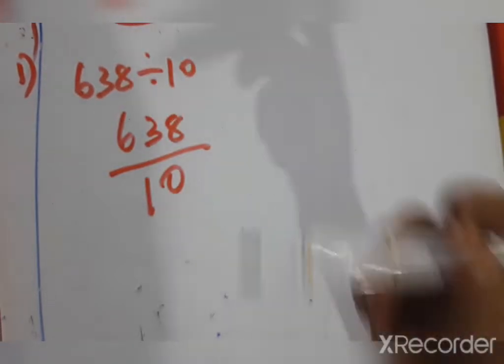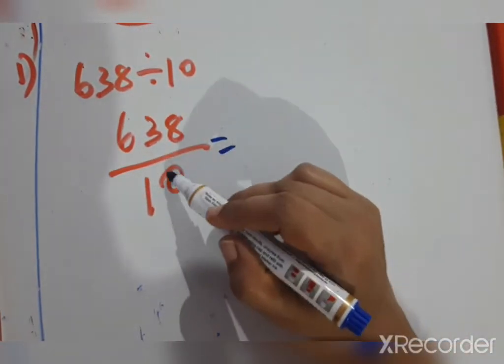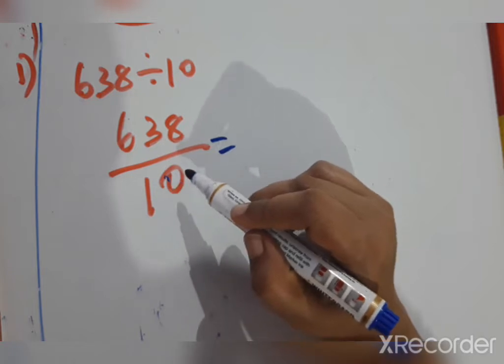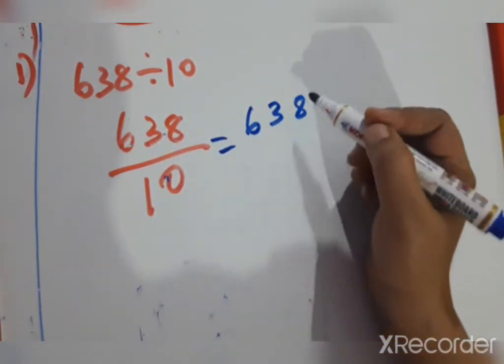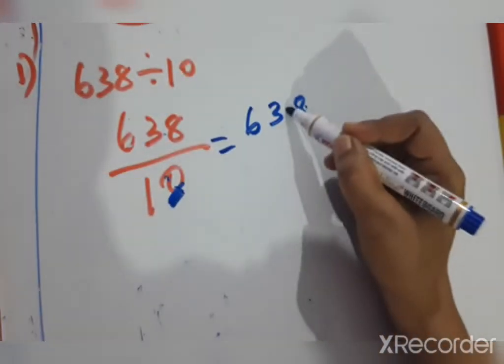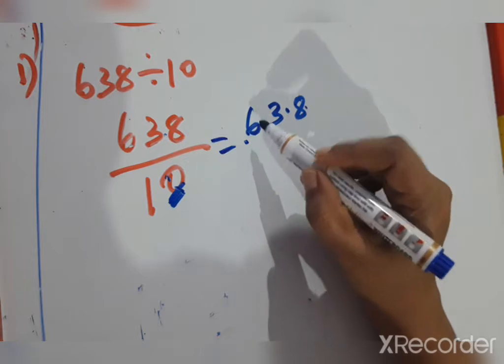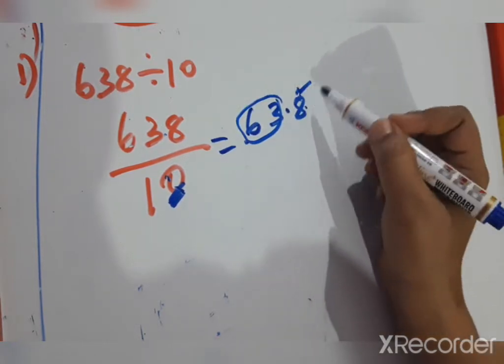638 divided by 10 means here we can directly find the answer when the denominator is in tens, hundreds or thousands form. Write the numerator as it is, 638, and count how many zeros: 1 zero. So after one number, put the point. So here we can see directly the quotient is 63 and the remainder is 8.